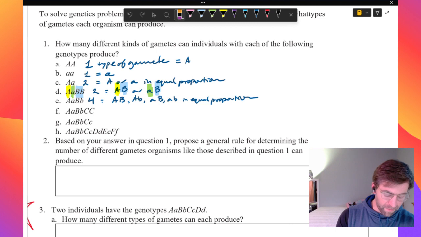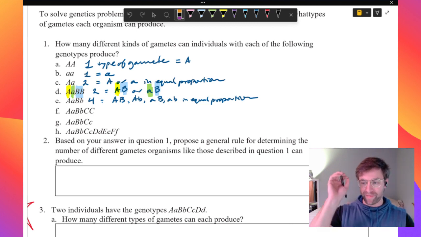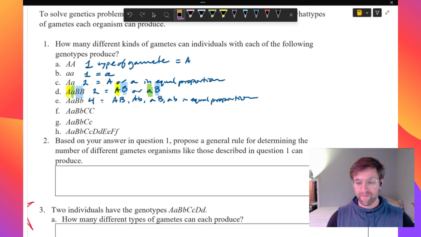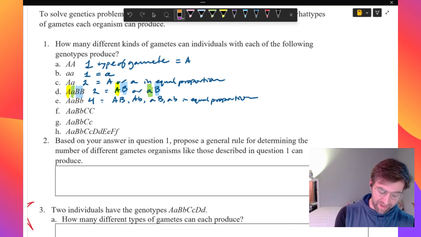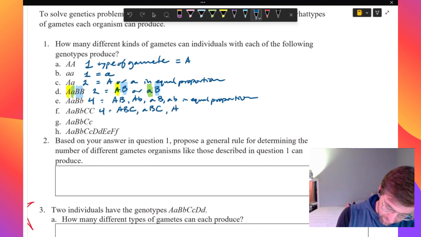All offspring are going to have something from column A, something from column B, and something from column C. If all of the column C ones are the same, that means that we just have to worry about the differences between A and B, which means we're going to have four. And that's it.